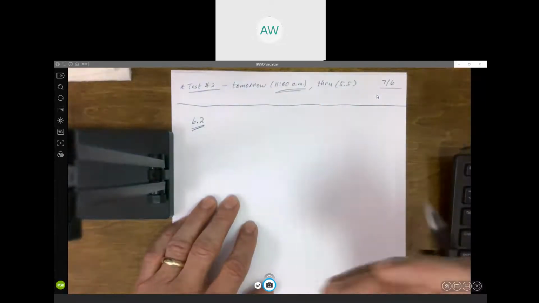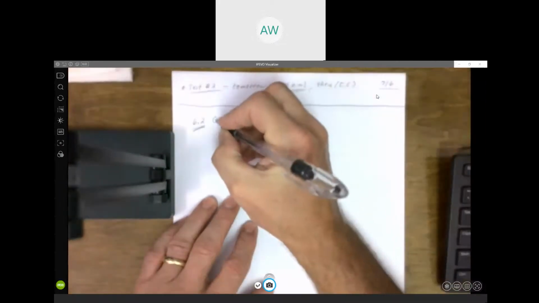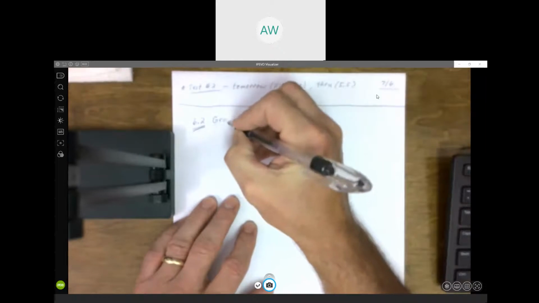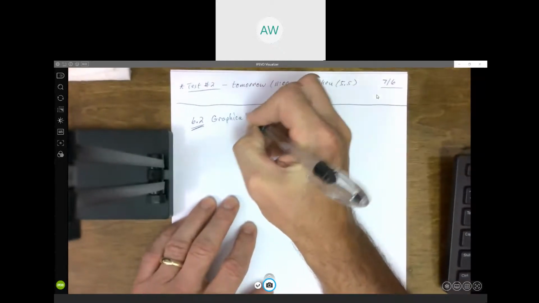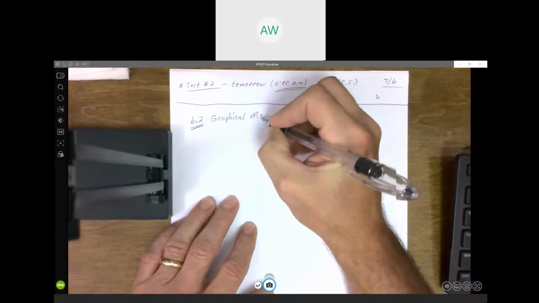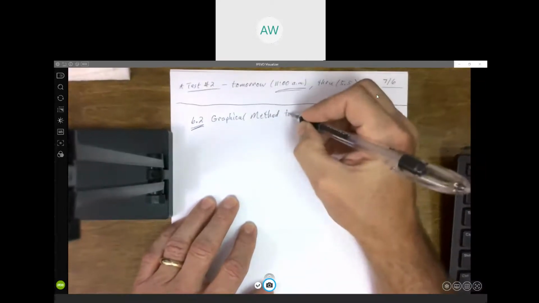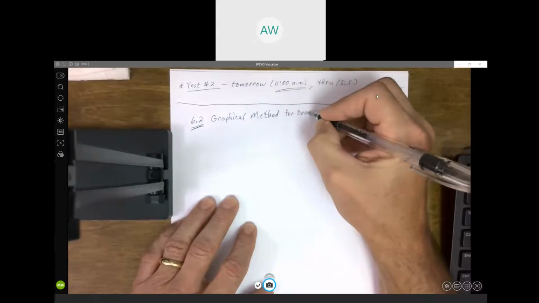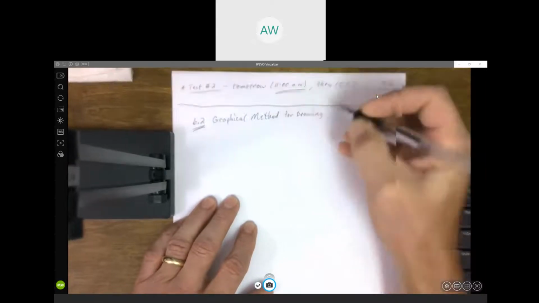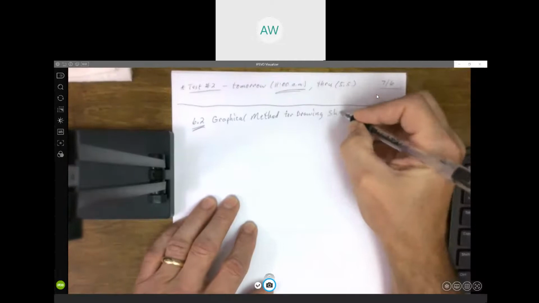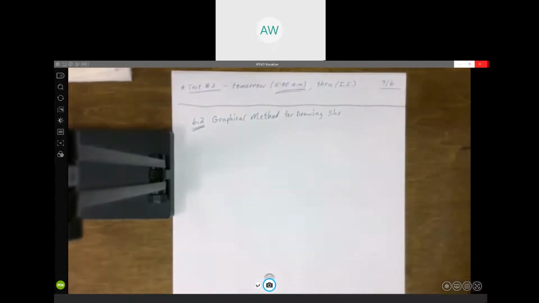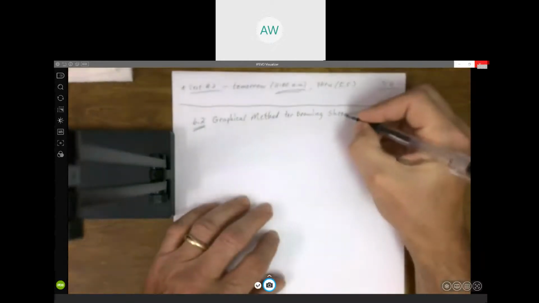What we're going to start talking about is what I'll call the graphical method for drawing shear and moment diagrams.